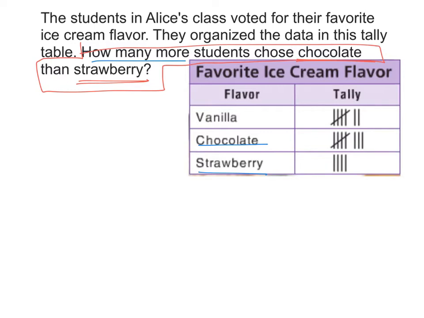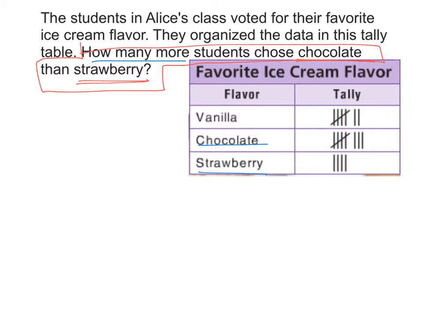So making this table is a way to organize the data, and it's a strategy that can be used to solve problems. What other way do you think we can show the data to better help us solve the problem? Well, here is the tallies. What we can do is use numbers instead of tally marks.